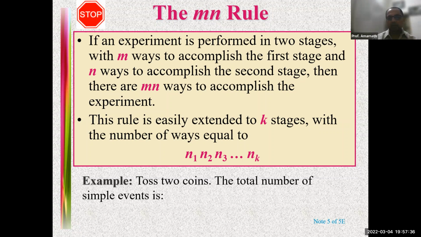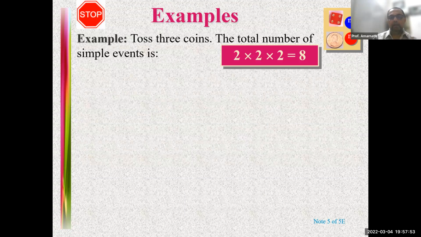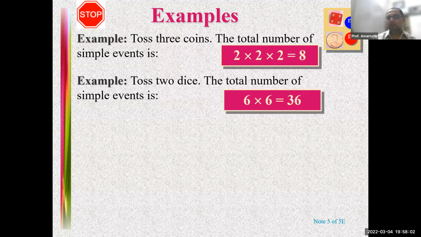Example, toss 2 coins. The total number of simple events is 2 into 2, 4. Toss 3 coins. The total number of simple events is 2 into 2 into 2, equal to 8. Toss 2 dice. The total number of simple events is 6 into 6. That's what we saw in that experiment.